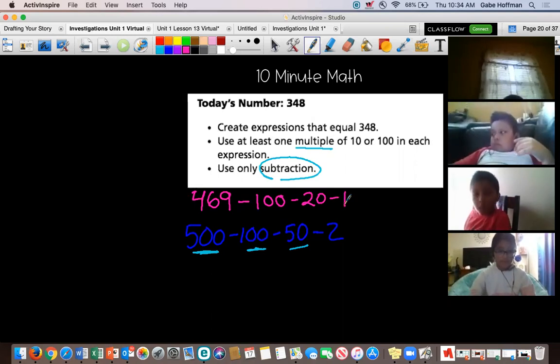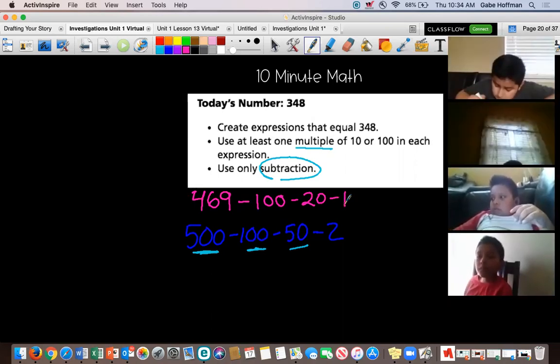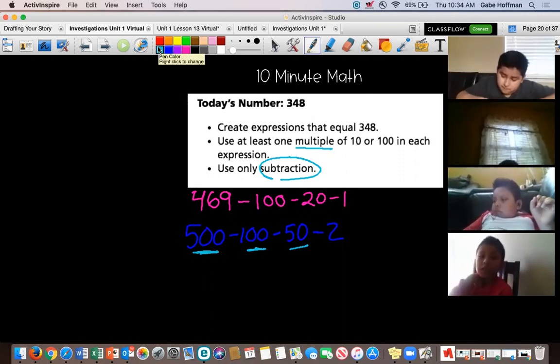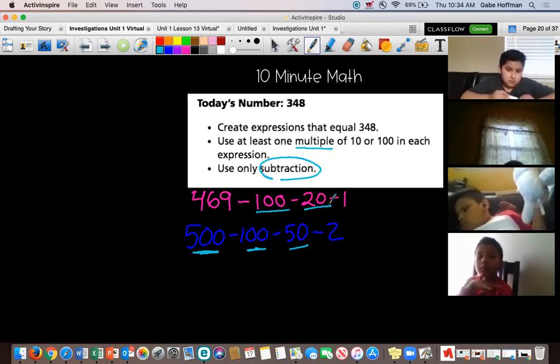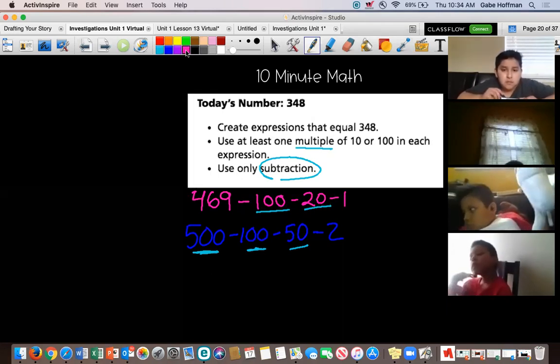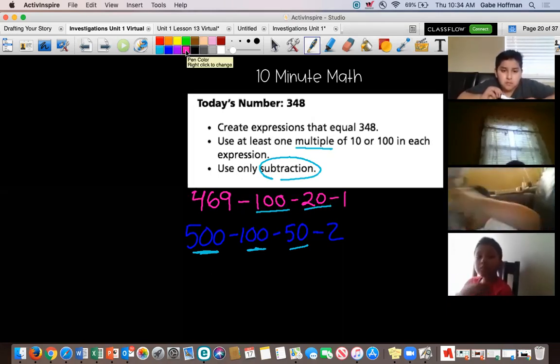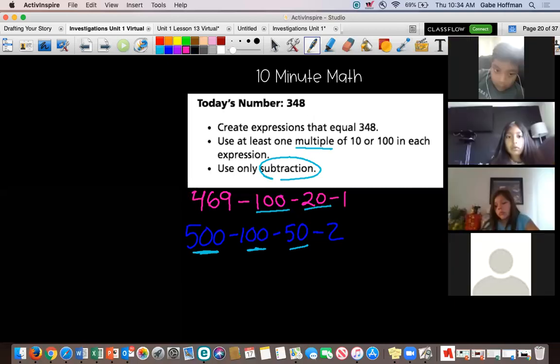And which ones are your multiples of 10 or 100? 120. 120. Good job. Anyone else?